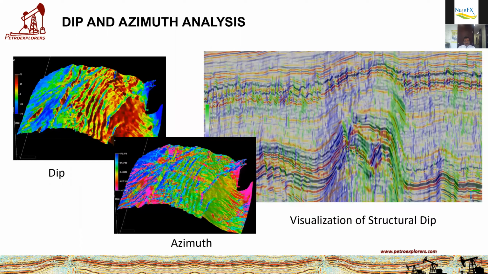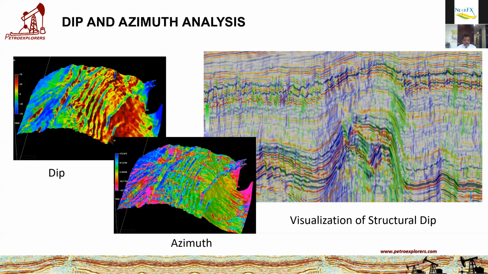Then the next big toolbox which comes is the dip and azimuth analysis. So dip and azimuth, which was called structural steering at some point, is also called the dip steering plugin in the OpenDetect domain. It defines the volumetric dip, so inline and crossline dip, or a combination of inline crossline dip and azimuth.